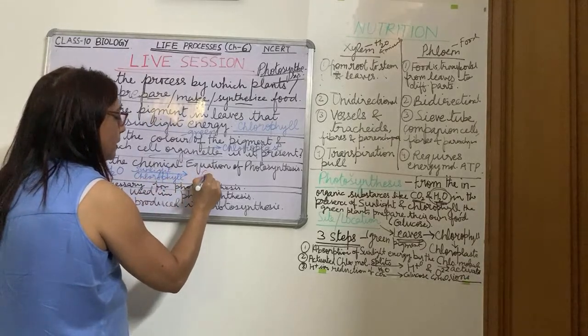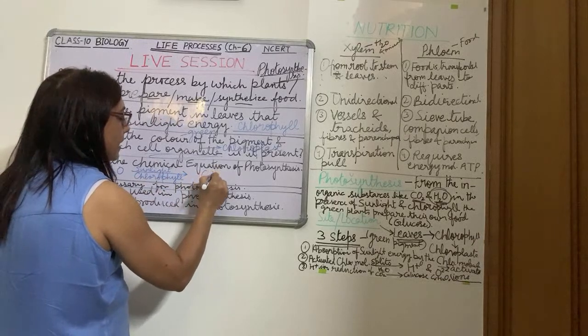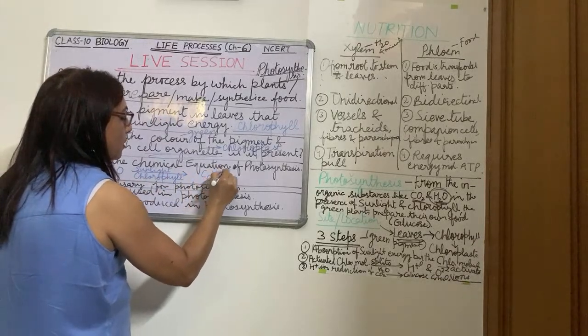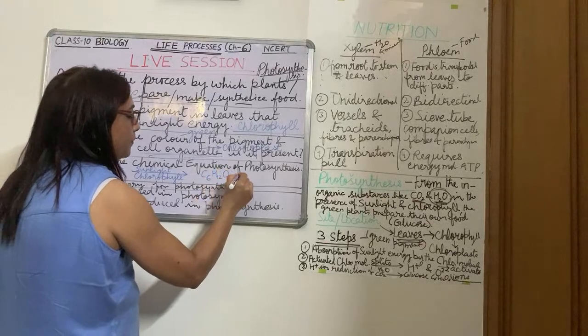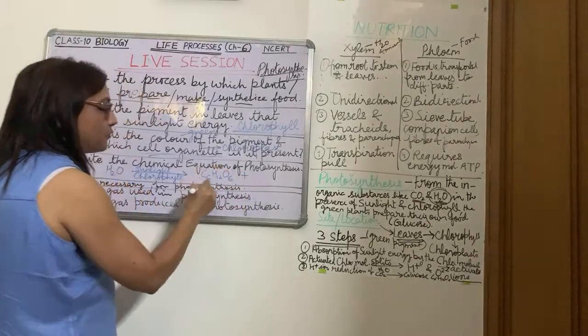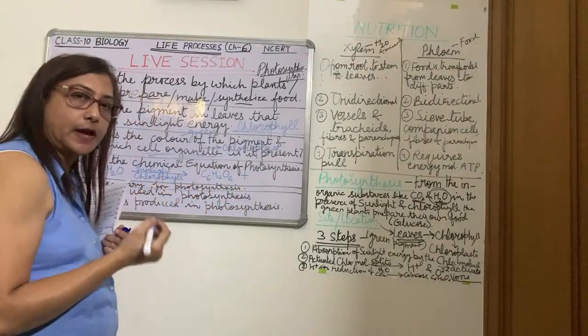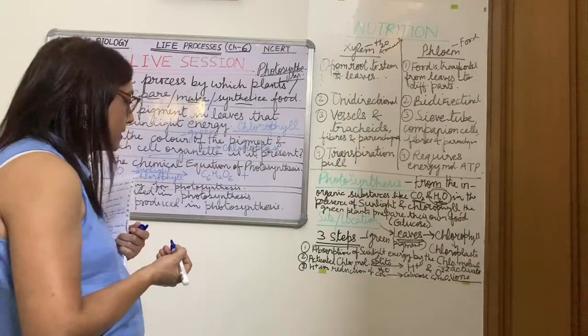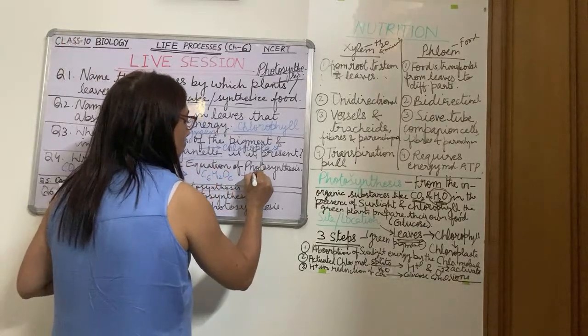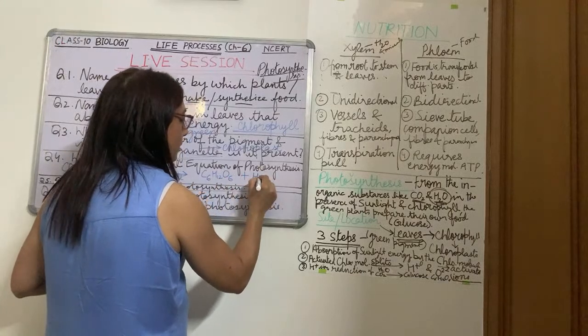Glucose, whose chemical formula is C6H12O6. You must be familiar with such formulae. You must have done them in your chemistry classes. Then what else is the byproduct?